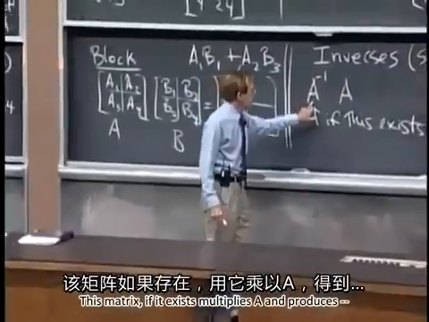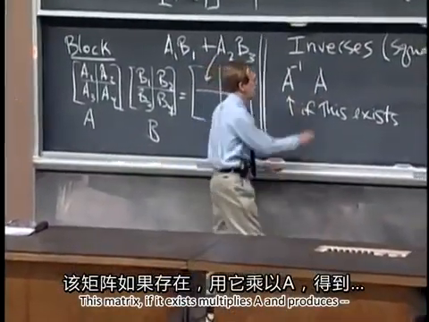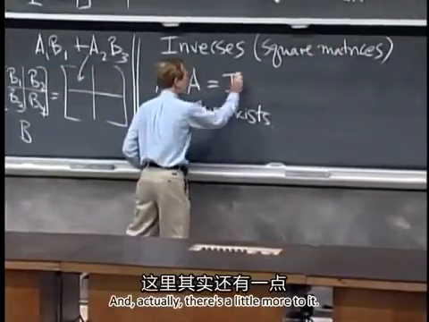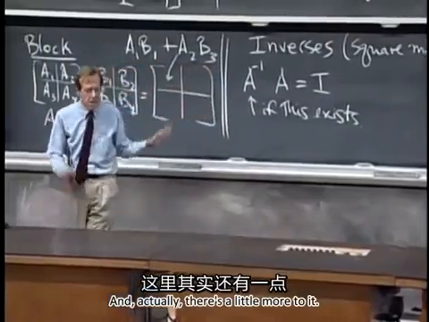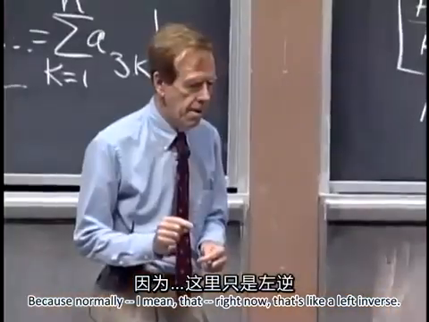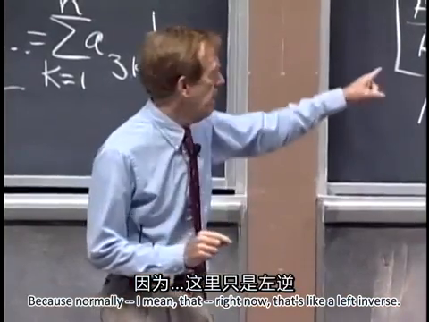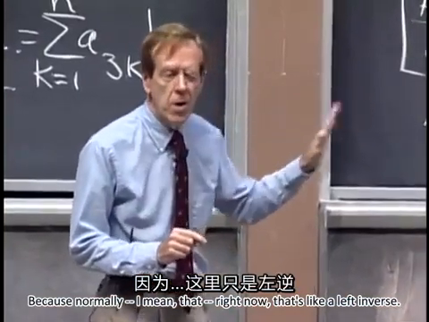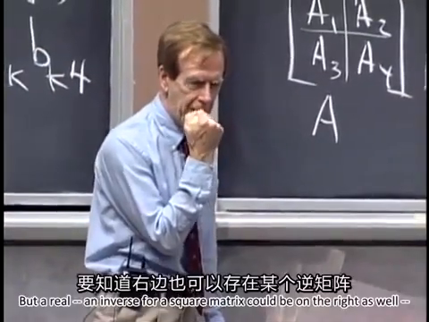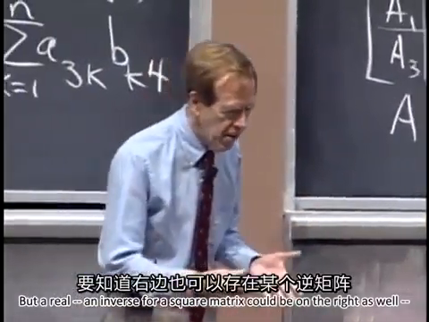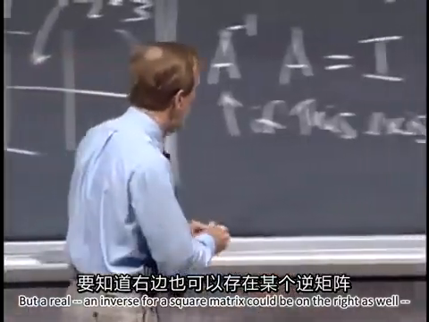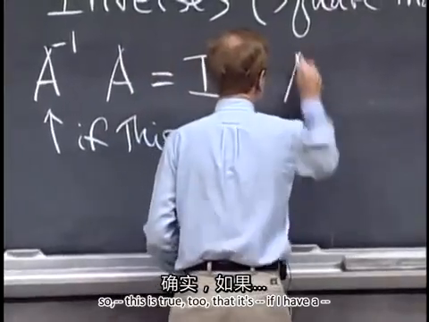This matrix, if it exists, multiplies A and produces I. The identity. And actually, there's a little more to it. Because right now that's like a left inverse. It's sitting on the left of A. But an inverse for a square matrix could be on the right as well. So this is true too.